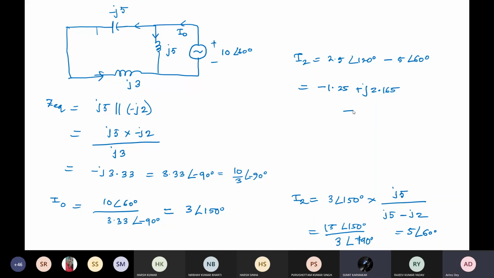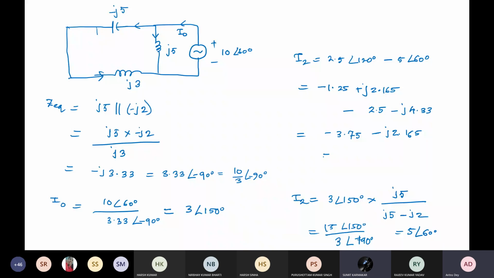So it is 2.5 minus 2.5 minus j into 4.33. So it comes out to be minus 3.75 minus 4.33 minus 2.165. So it is minus 2.165.